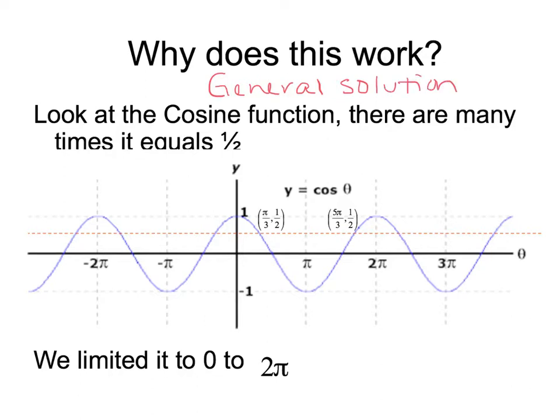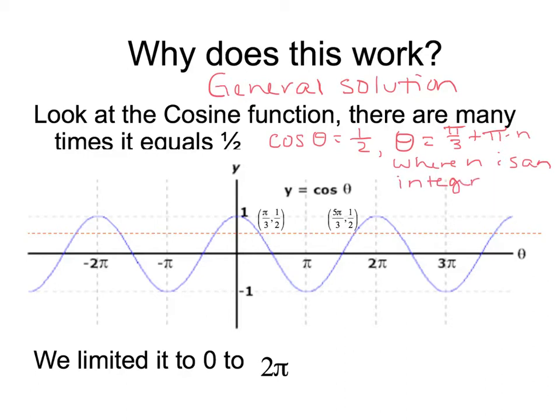And so we could say that the cosine of theta equals 1/2 when theta equals pi over 3 plus pi times n, or k, pick your favorite variable, where n is an integer.